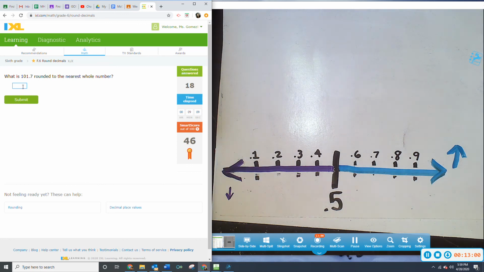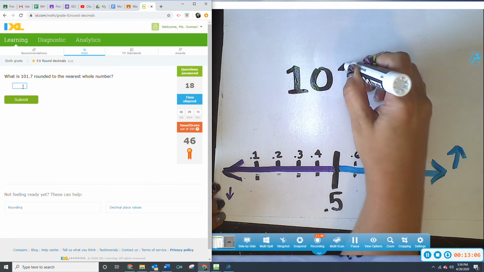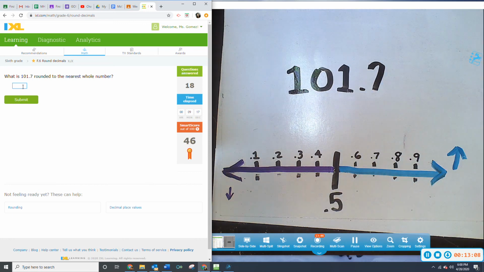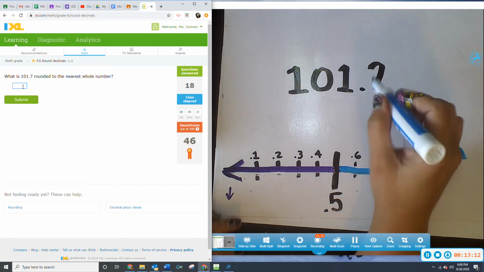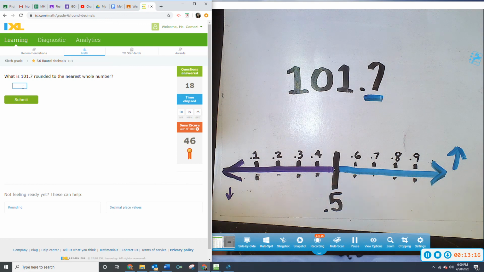That would be 101.7. So again, we're trying to round to the nearest whole number, and you'll notice that 0.7 is past our halfway mark. So that means I would round this number up to the nearest whole number, which is 102. Awesome.